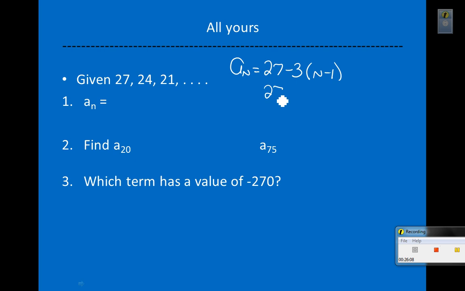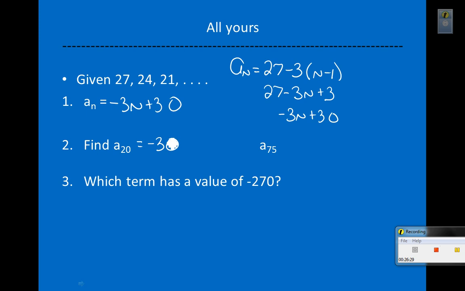I've got 27 minus 3n plus 3. I should have negative 3n plus 30 for my formula. And then I can plug in 20 and 75. If you did that, you're going to get negative 30.